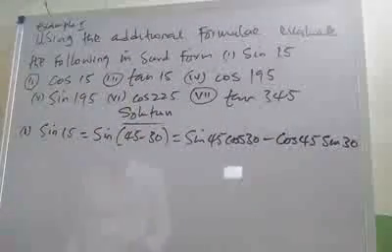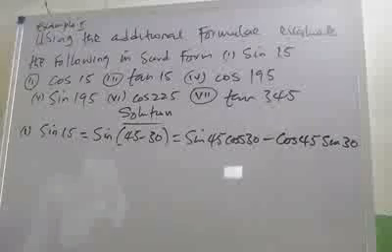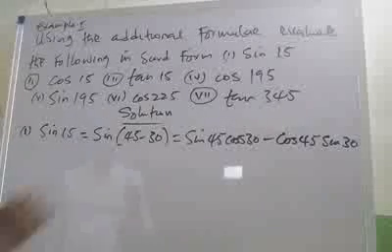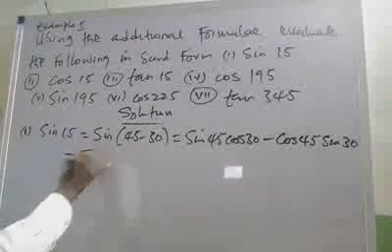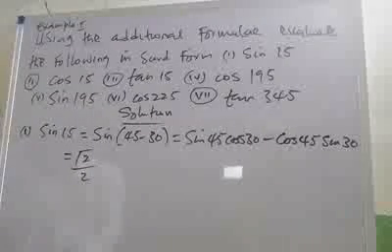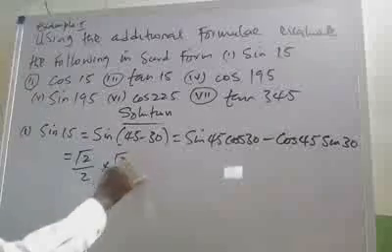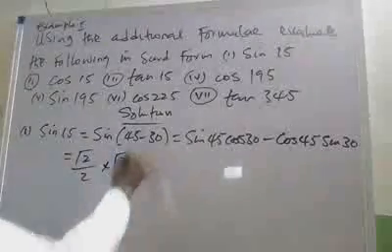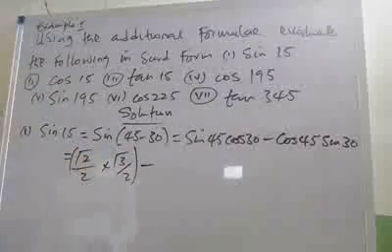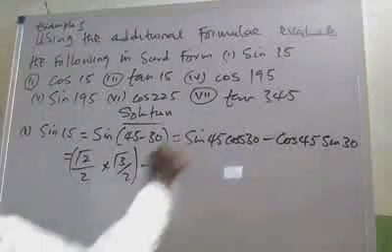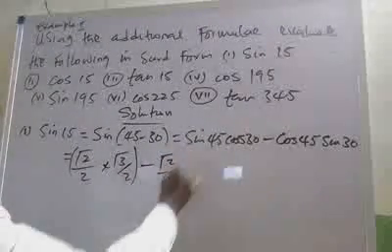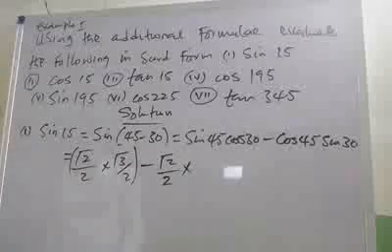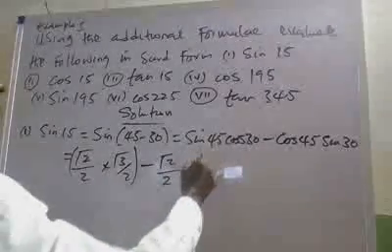If we put in the values, sine 45 is root 2 over 2, times cos 30, root 3 over 2, minus cos 45, which is also root 2 over 2, times 1 over 2.